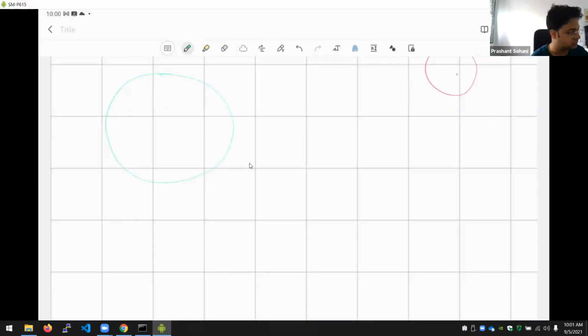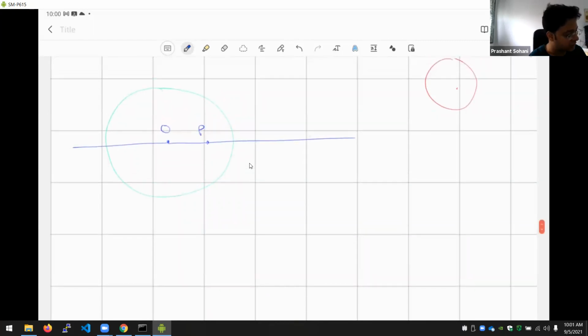So if you have a circle, this part is relatively easy to see, because the collinearity ensures that.